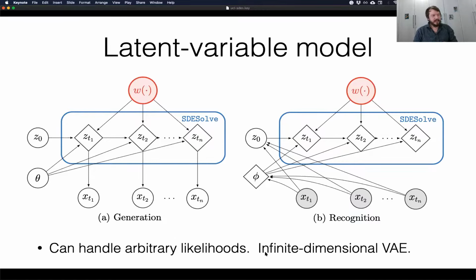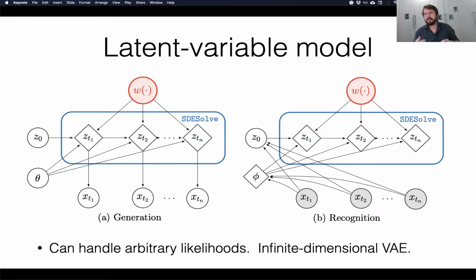What this ends up being is an infinite dimensional VAE, where this W is the Brownian motion, so we can factor out our randomness. Just like in a VAE, we have a latent Z that's Gaussian in the prior and non-Gaussian in the approximate posterior. Now we have an infinite dimensional Z that's an SDE in the prior, and it's a different SDE in the true posterior and the approximate posterior.